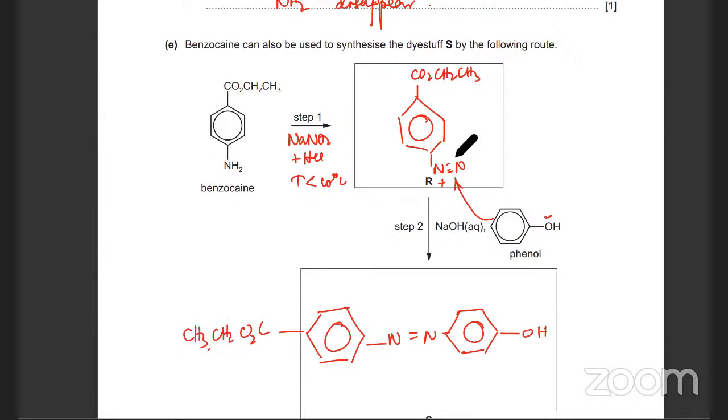So this diazonium ion gets attracted to the benzene, and it has to be an activated benzene. So it goes and bonds with it. Is this clear? Yes, sir.